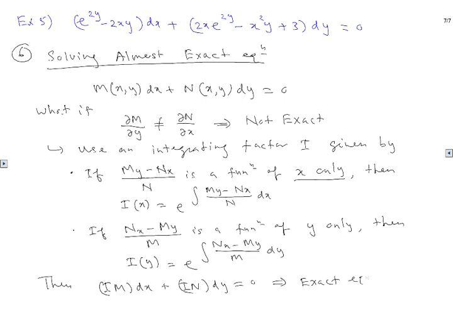That means we can use the exact equation technique to solve the equation. Okay, so we can solve it because it's an exact equation. Good. Those are the 6 major methods that we use to solve first order differential equations.